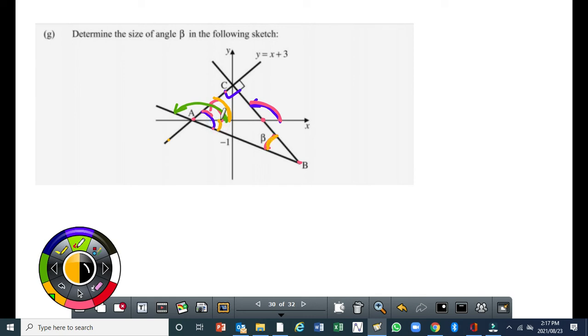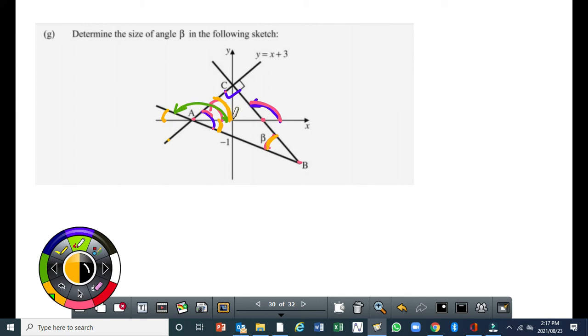Now, that angle may be easy to find, because if I can find this angle here, it's going to be equal to that angle. Do you see what I'm saying? So I have to find the size of this, the green one, then subtract it from 180 to get this angle here. They need to be equivalent to that because they are vertically opposite. Also, I need to find the size of this angle here.